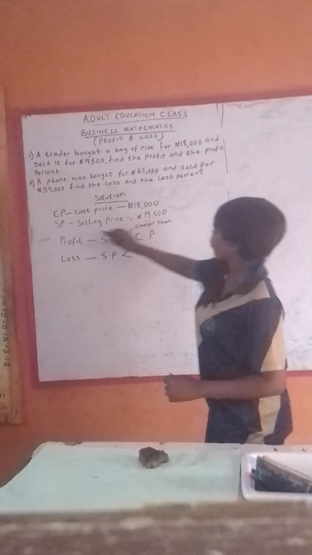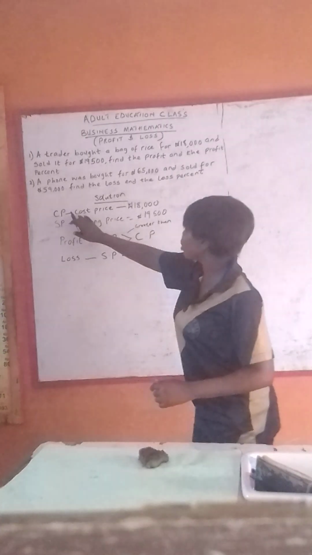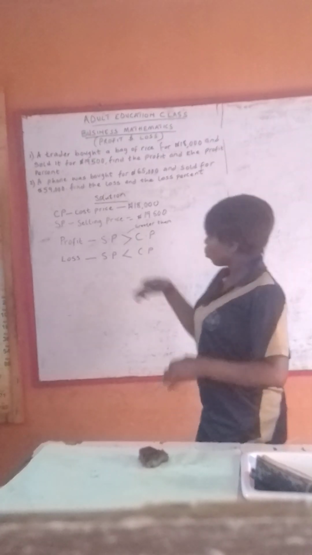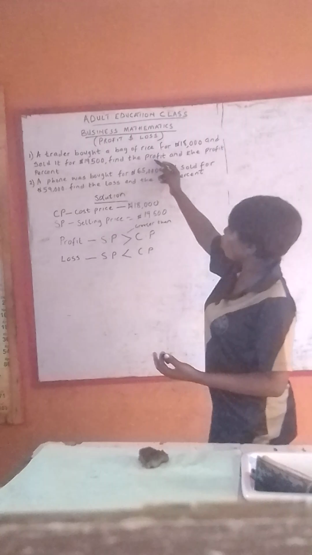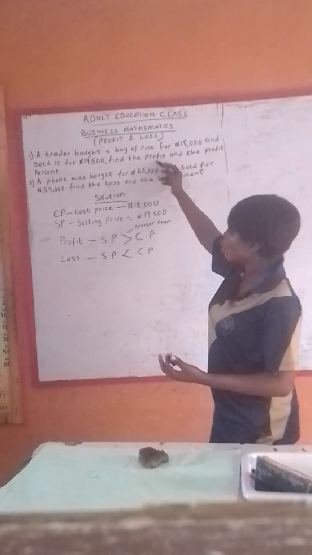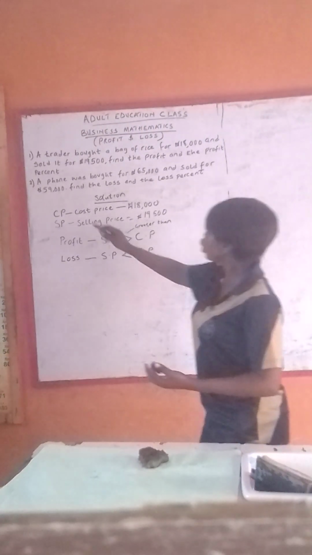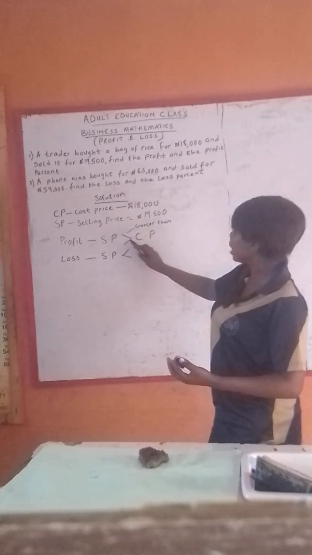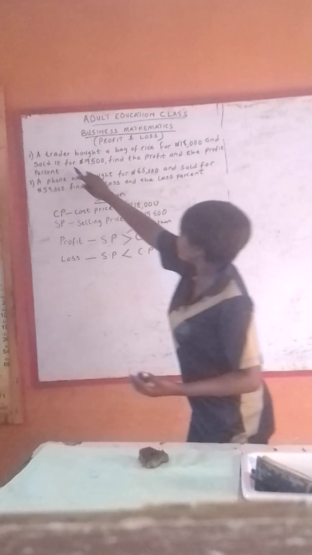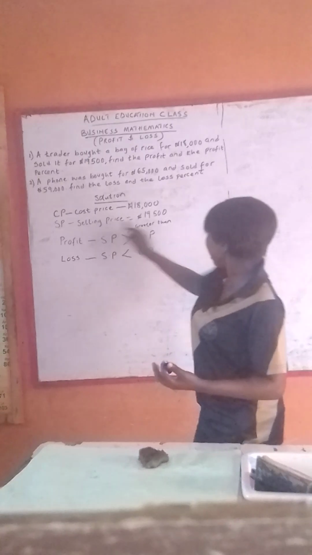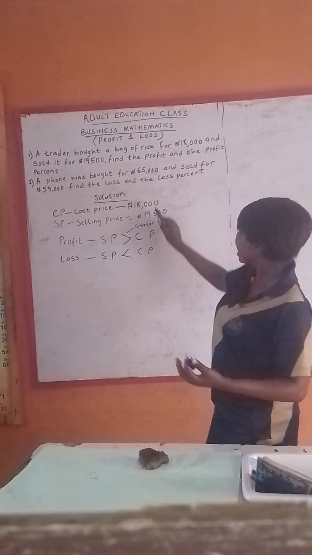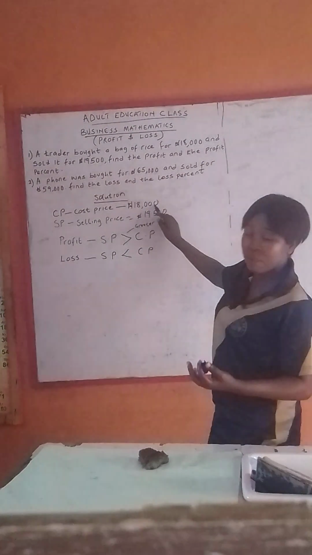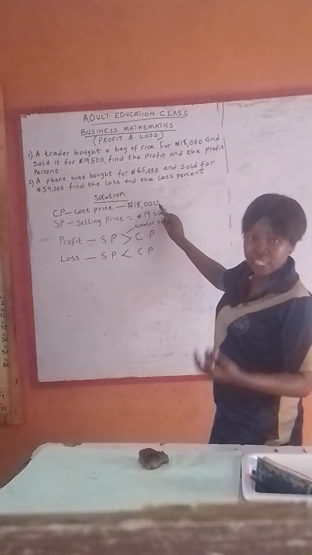So now, if we want to resolve this, already they have told us this person made a profit. So if the person made a profit, it shows that the selling price was greater, and you can see that this is the selling price. The selling price, this is 19,500, is actually greater than 18,000 naira.